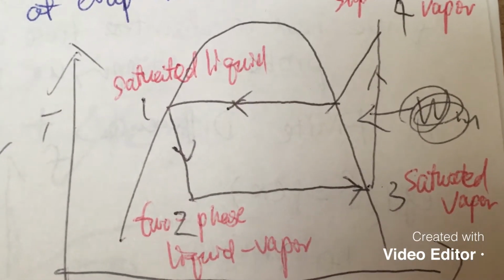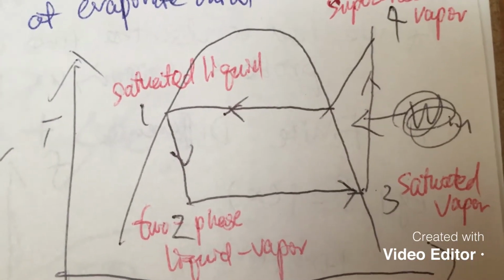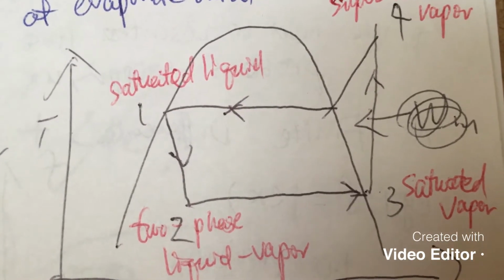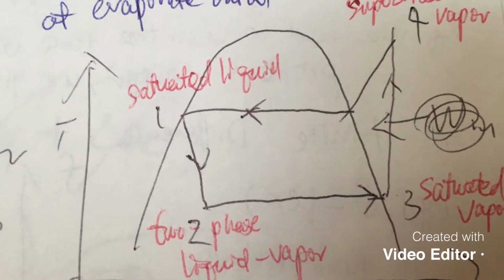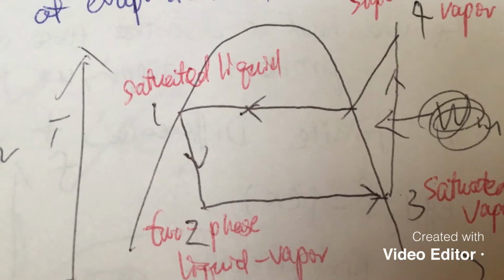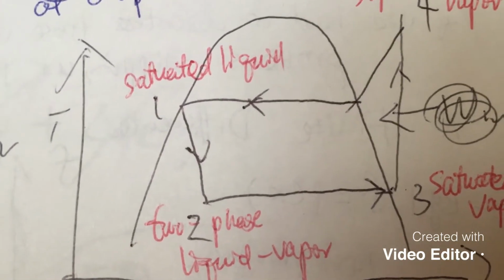Then the phase change. Okay. When that phase change happens, temperature won't change. So from 2 to 3, 3 ideally is on the dome, right? It's saturated vapor. Okay, it receives heat, so it changes phase from mixture to vapor.